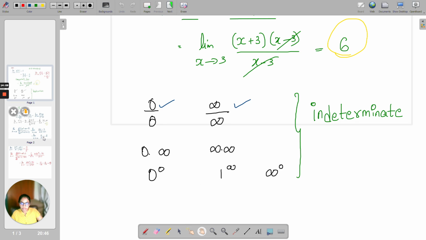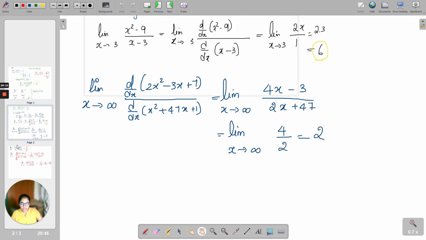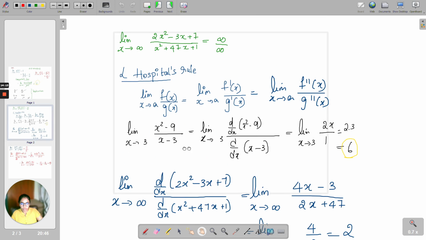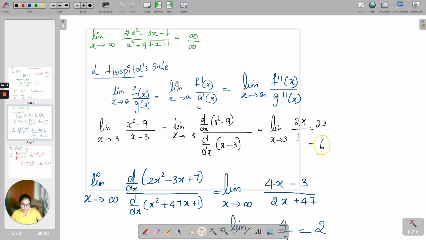So if you ask me what is L'Hospital's rule, I can say that it is a theorem which provides a technique to evaluate limits in indeterminate forms. So what do you do in L'Hospital's rule?